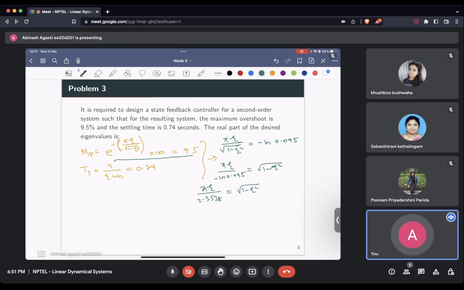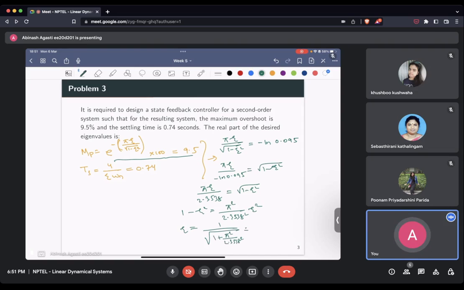So now let's take squares. So I'll have 1 minus zeta square is equal to pi square by 2.3538 square zeta square. So zeta is 1 by root of 1 plus pi square by 2.3538 square.